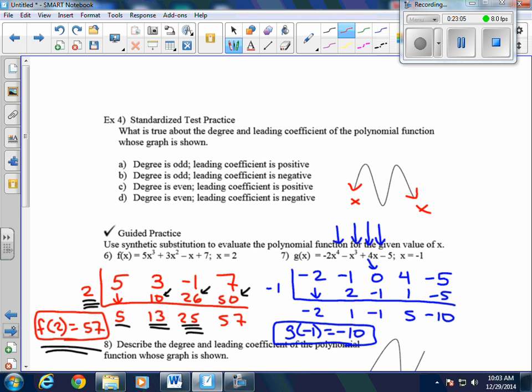So if they're in the same spot, automatically we know that it's even. They're both down, so we also know it's going to be negative. So this one is even and negative. So the degree is even, the leading coefficient is negative, so it has to be D.